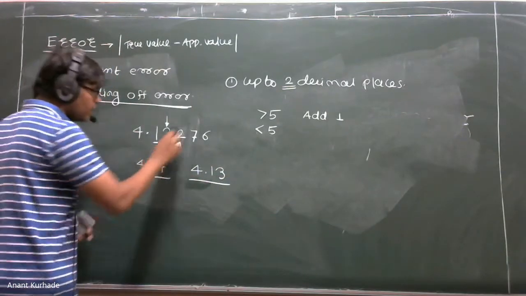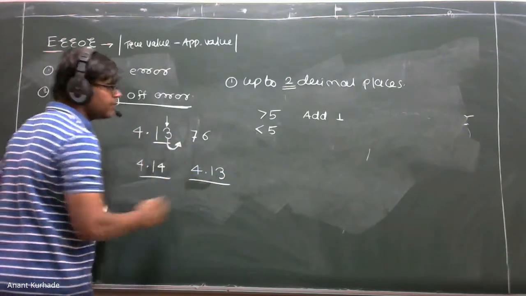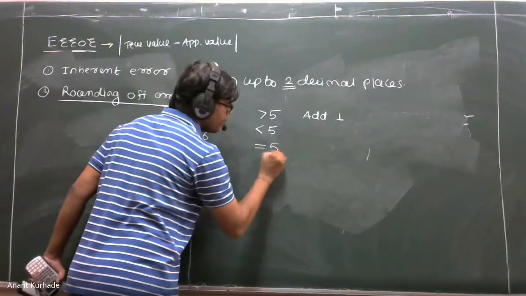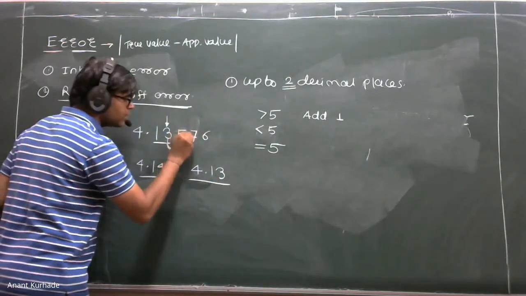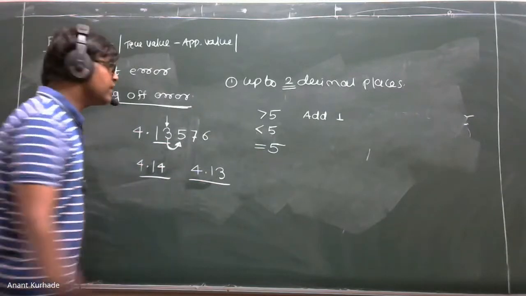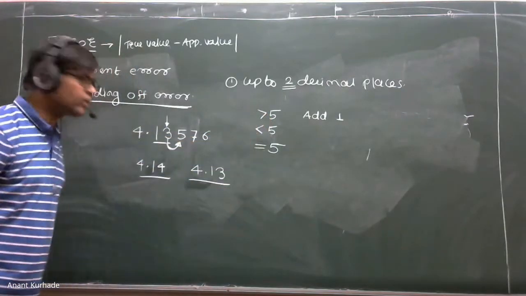If the next decimal place is exactly 5, it is neither less than nor greater than 5, so we cannot apply these two rules.